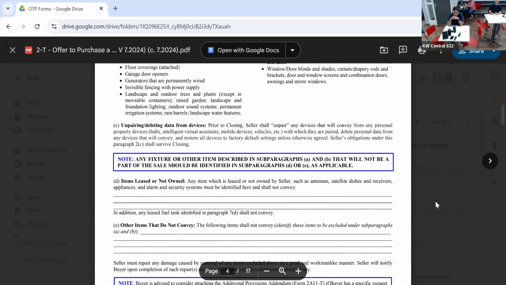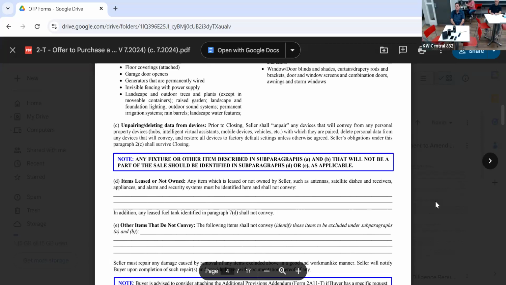Any fixture or other items that are leased or not owned. Again, these may be antennas, satellite dishes, receivers, appliances, alarm and security systems, and solar panels would be another thing that are leased. It's important that we know those things.